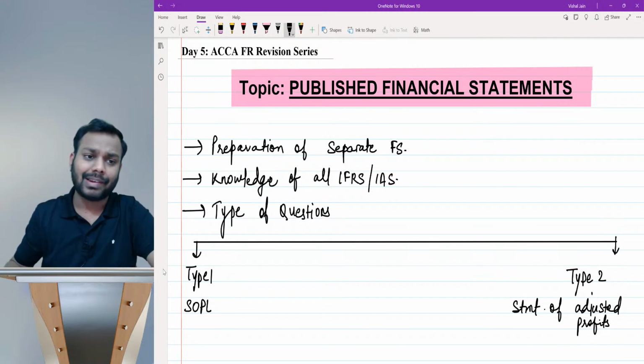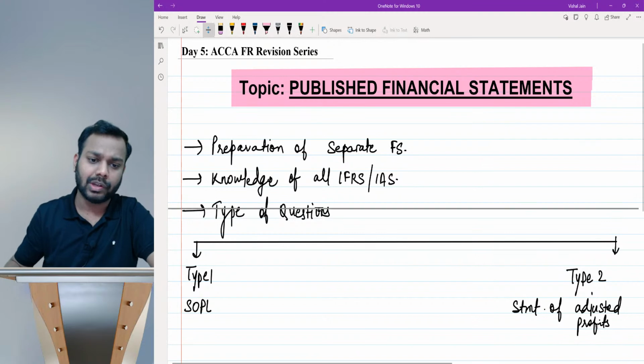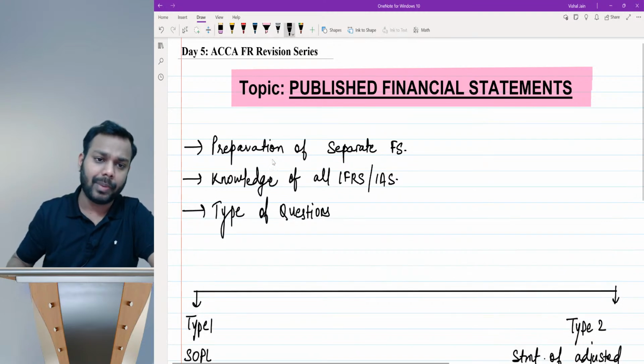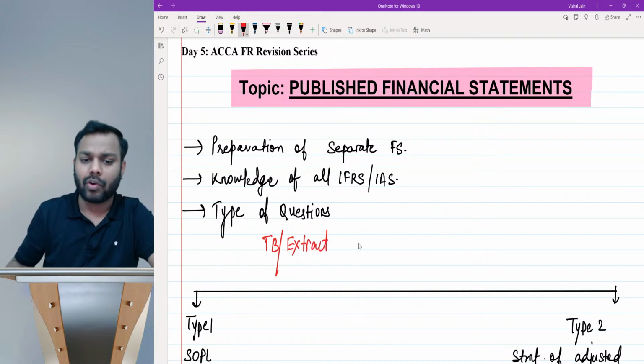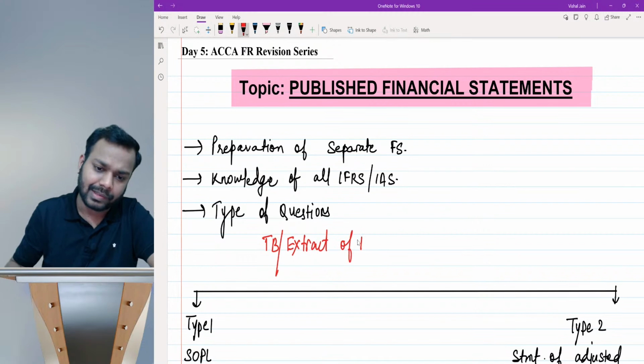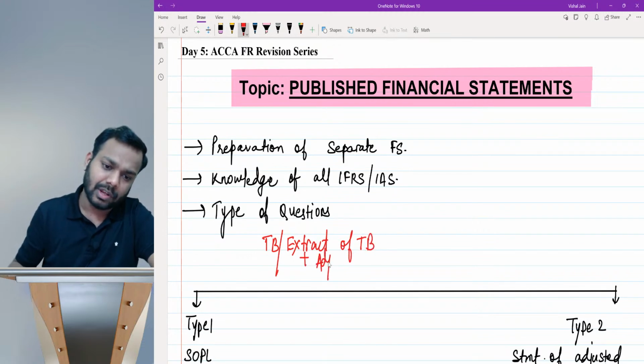Now for both these types of questions, the question might give you a trial balance, or the question might give you an extract of the trial balance, plus certain adjustments.